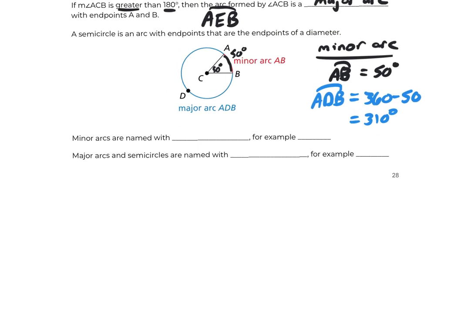Okay, so minor arcs are named with 2 letters. Those 2 letters must be the endpoints of the arc. And so in this case, we said it could either be AB or it could be BA. Either way is fine. But we know that it's less than 180 when it's only 2 letters.